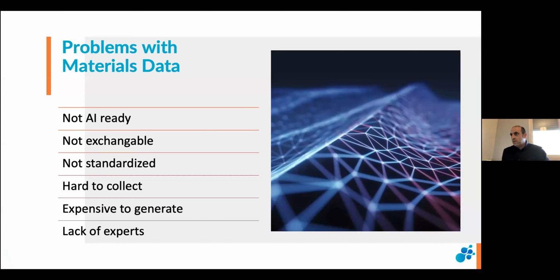So I think you all know the problems with materials data. This is what FAIR-DI is talking about. My story starts maybe a bit before, and I think it coincides with the same arguments. We can all say that there are problems with materials data and research data. It's not ready for AI ML.